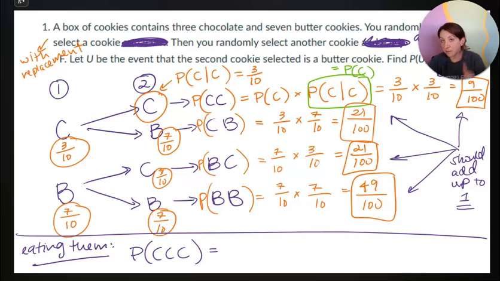I'm going to do it without a formula. Chocolate on the first would be 3 out of 10. Chocolate on the second, if we'd eaten the first one, we'd have 9 cookies left, 2 chocolate remaining. Then I have 8 cookies left because I've eaten these 2. I still want another one. There's only one chocolate cookie left.